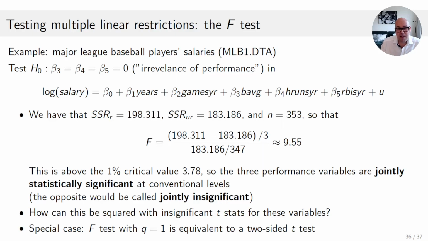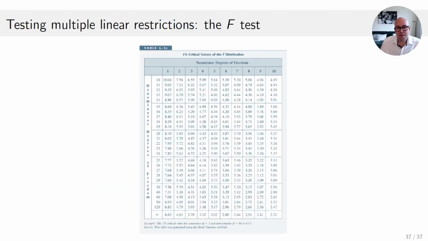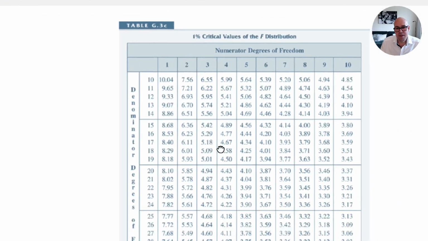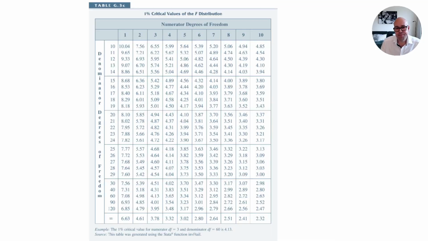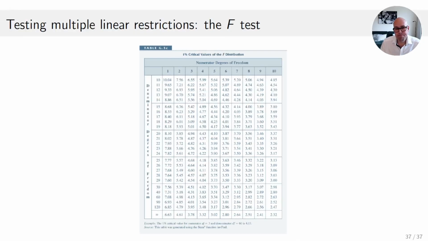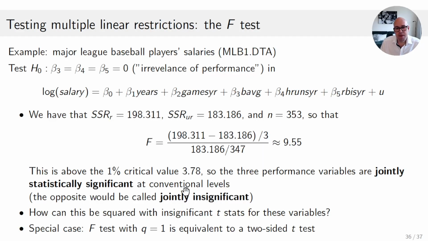Let me just go back one slide. We had the 1% critical value 3.78, for 3 and 347 degrees of freedom. So let's zoom in.